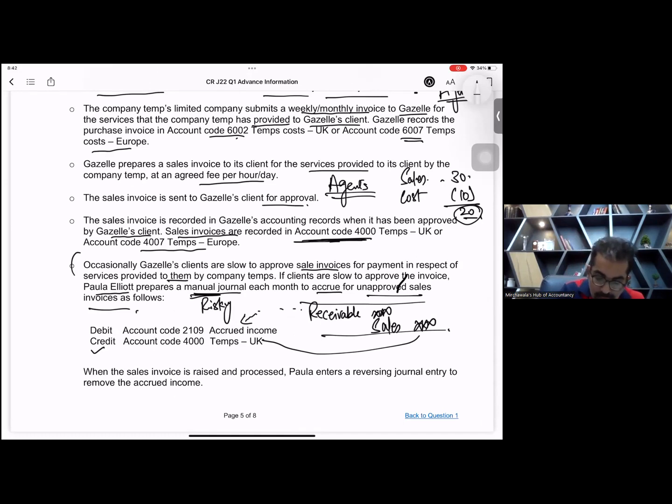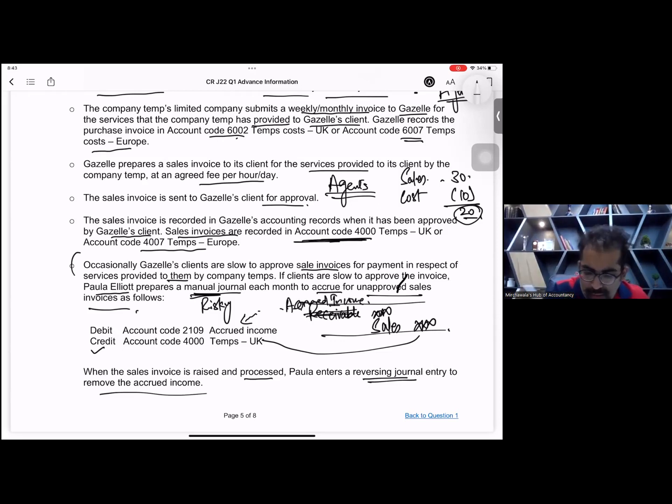Now, when the sales invoice is raised and processed, Paula enters a reversing journal entry to remove the accrued income. When we actually get the actual sales invoice, then we reverse this accrued income. Initially, we write accrued income.